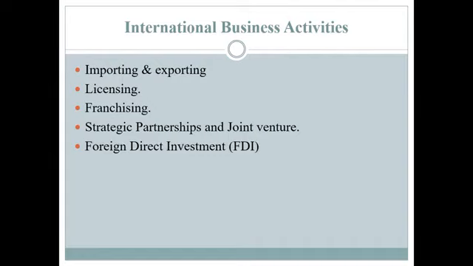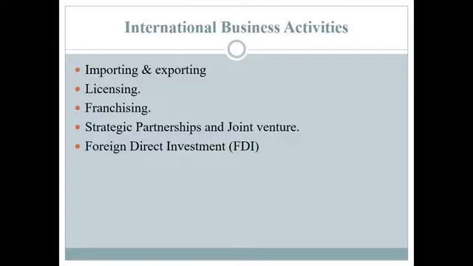The licensor is the owner of intellectual property, who has a certain brand name, patent, technology or trademark. This firm has certain copyright, brand name and different technology. What does this licensor do?